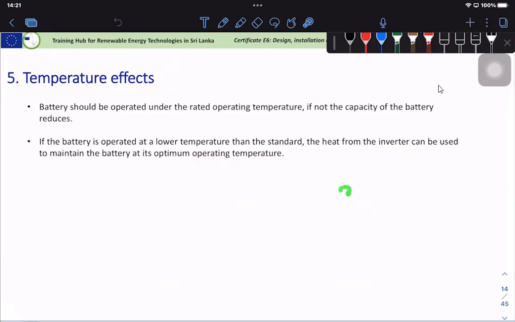Let's say the specified temperature for operating the battery system is 30 degrees C, but your environmental temperature is 20 degrees C. Then you can use the heat from the inverter to heat up the space where the battery pack is assembled.